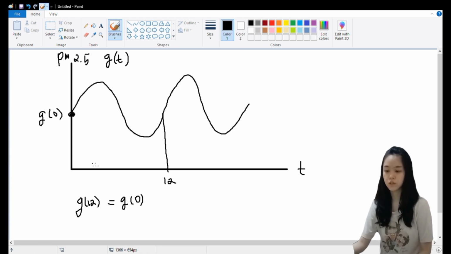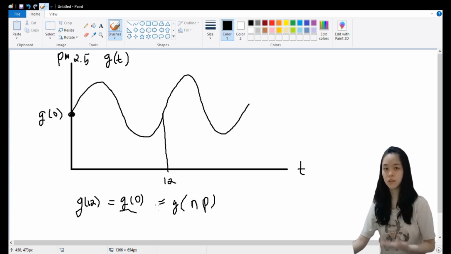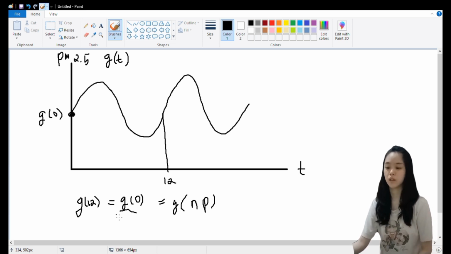More generally, G0 would be equal to G of the total cycles completed times the period. The period is 12 here. So G0 would be equal to G12 and then equal to G24, G36, and so on. And then similarly, G13 would be equal to G1.